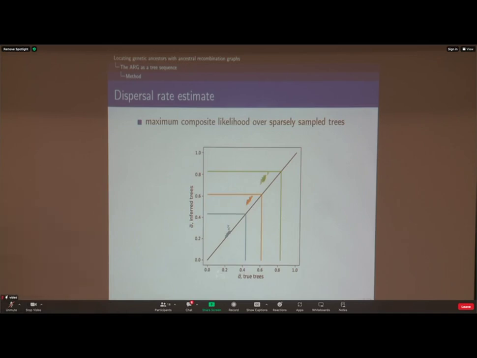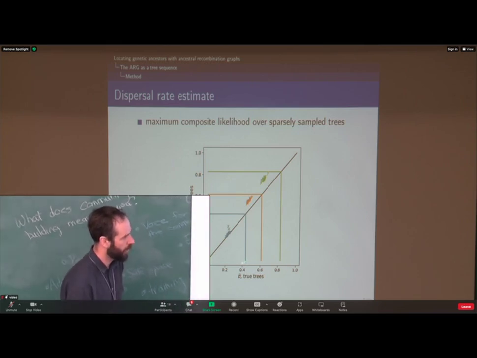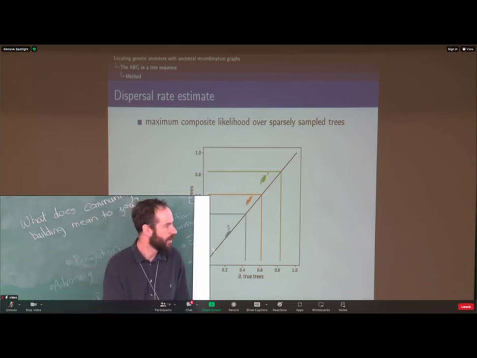This is a perhaps overly complicated figure, but just focus on the x-axis, where we have the dispersal rate inferred from true trees from a SLiM simulation. In blue, the true simulated parameter is roughly 0.4. When we estimate the dispersal rate, we get something more like 0.2, 0.25.